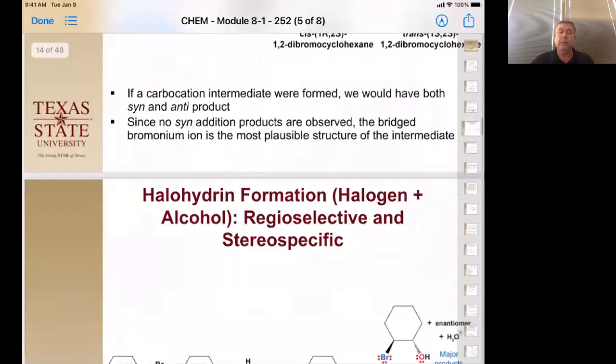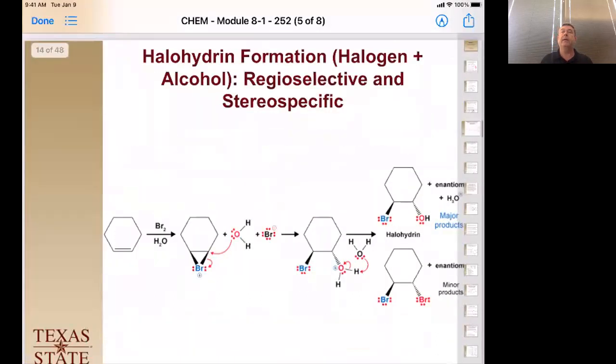Okay, now we can complicate things a little bit by adding water to our halogenating reaction, okay? So the only thing that's different here is what acts as the nucleophile on the second step. The first step is going to be the same. The alkene is the nucleophile. It's going to polarize the bromine-bromine bond and create the bromonium cation, the bromonium three-membered ring.